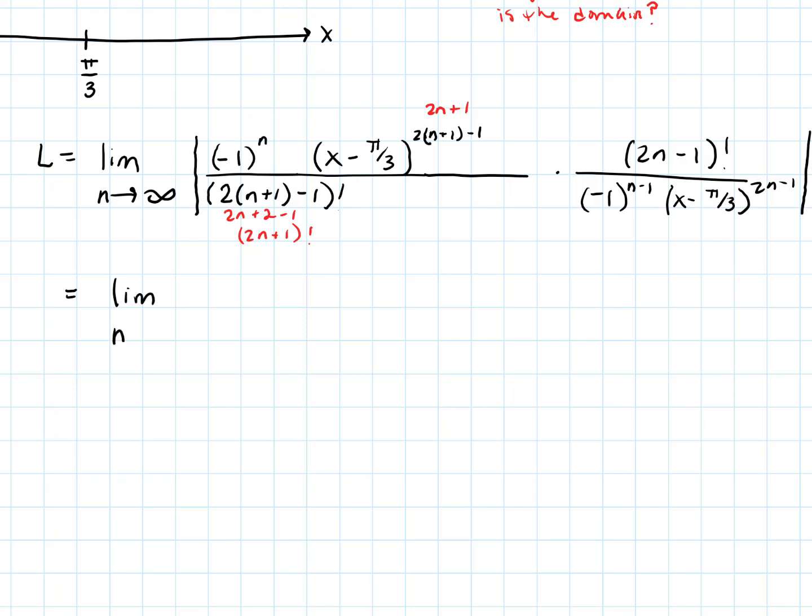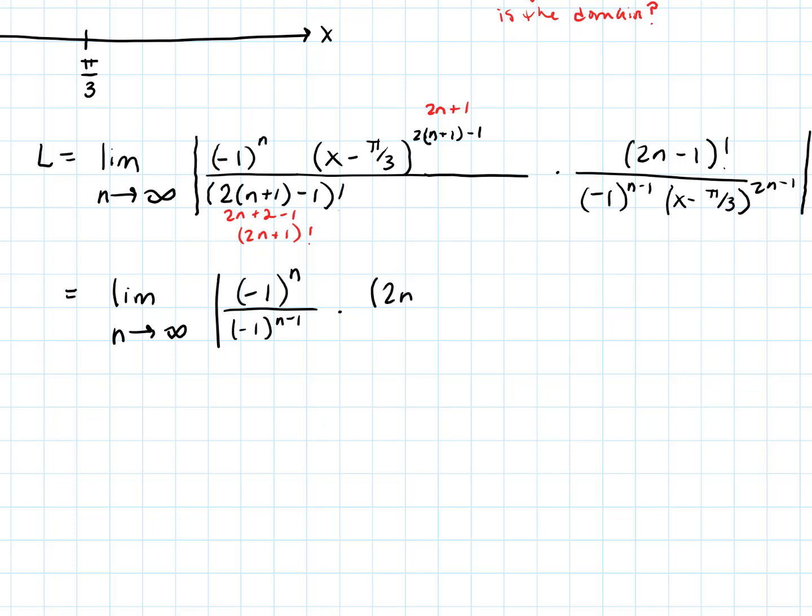Let's go ahead and write it all out. The limit as n approaches infinity of negative 1 to the n over negative 1 to the n minus 1. Those are in absolute value and are going to reduce down to just positive 1. We get a negative 1 to the negative first power, but it's in absolute value, so we won't need to worry about that.